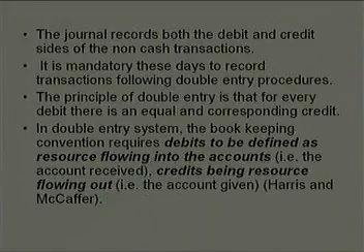Now, the journal records both the debit and credit sides of the non-cash transactions. We will discuss about what is debit, what is credit, but wait for some time. Just understand that it has got two sides. One side has got a debit column, other side has got a credit column.